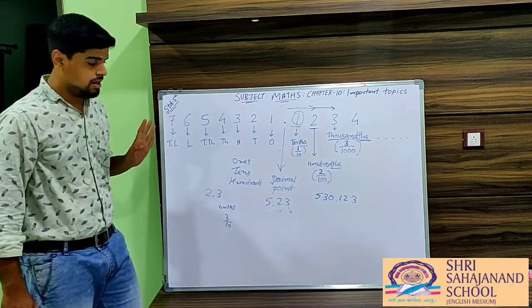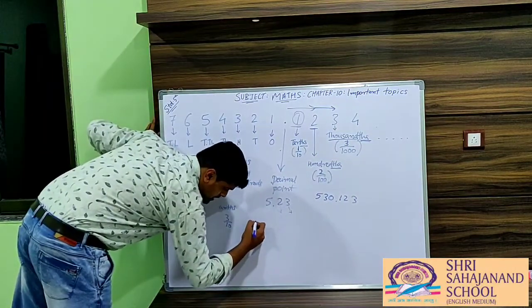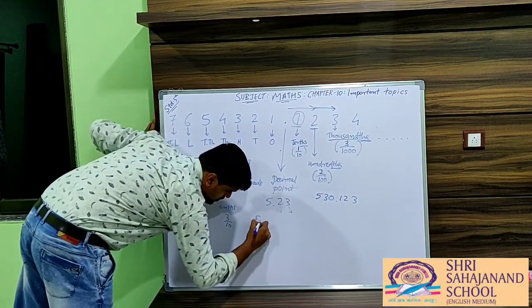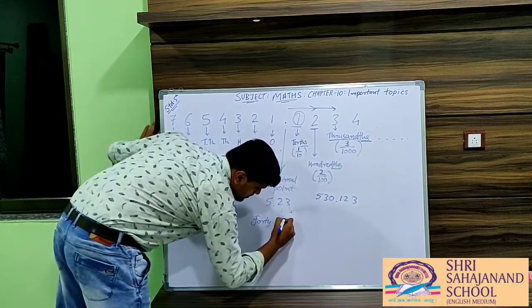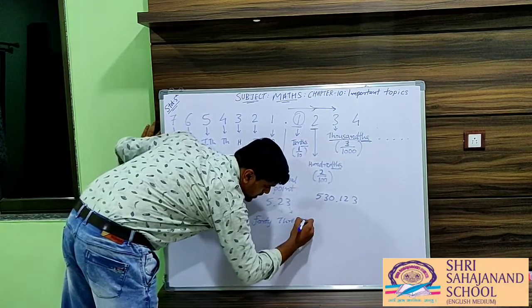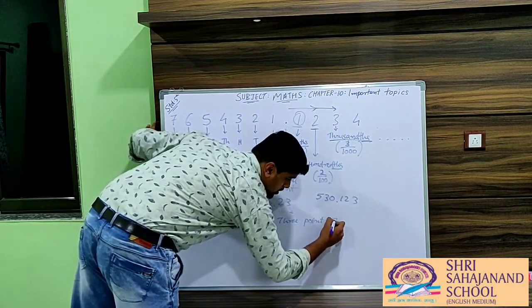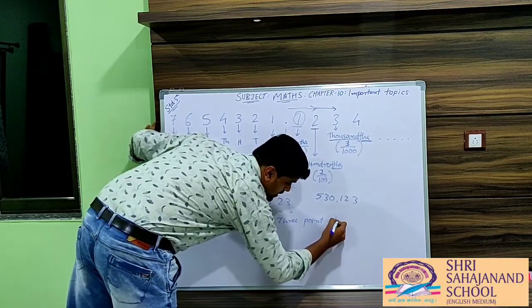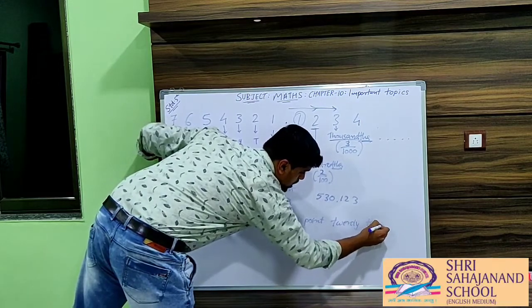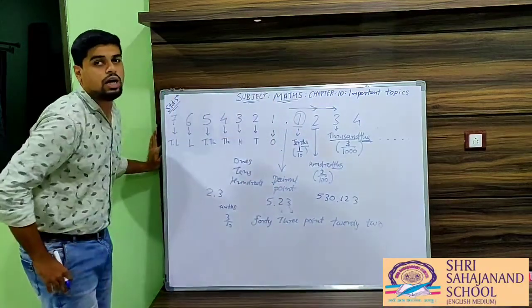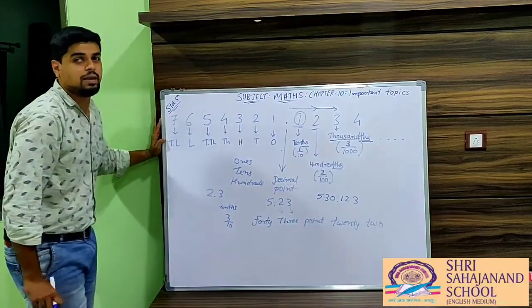Then if you are given a number in words, such as forty-three point twenty-two, how to write this particular number as a decimal number?